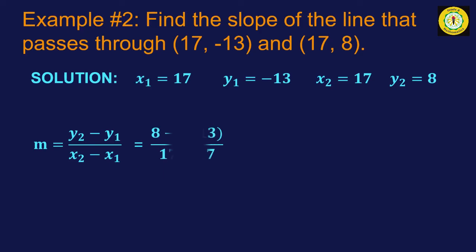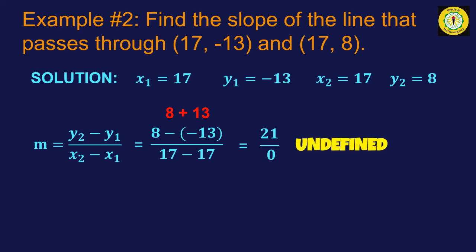So let's substitute the values: 8 minus -13 over 17 minus 17. 8 minus -13 will become 8 plus 13, magkadikit po kasi yung dalawang negative, so negative times negative equals positive. 8 plus 13 equals 21. 17 minus 17 equals 0. So we have 21 over 0. Remember, any number divided by 0 is always undefined.